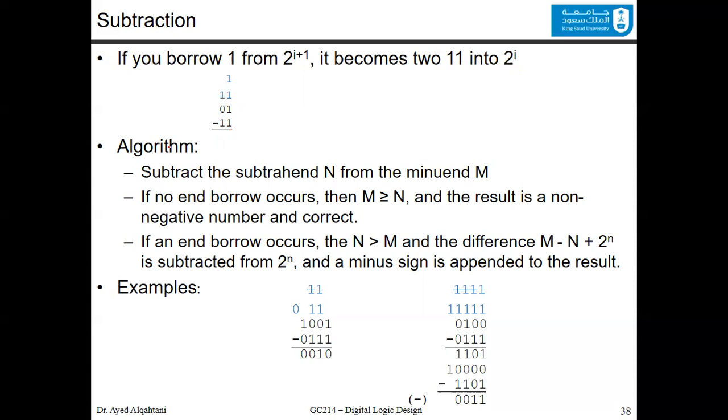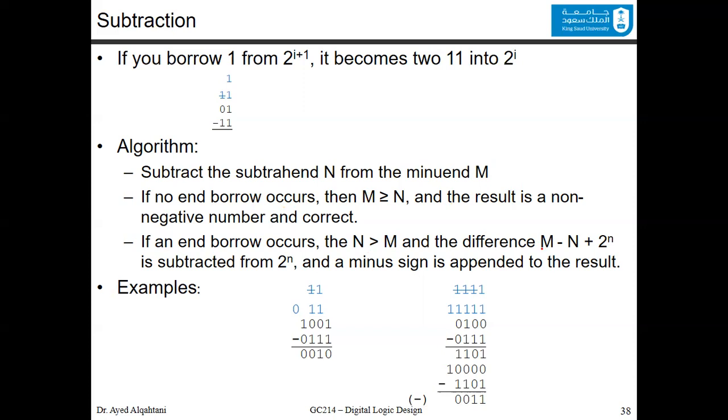Now, what's the algorithm? You subtract the subtrahend n from the minuend m. If no end borrow occurs, then m is larger than or equal to n, and the result is a non-negative number, and it's correct, and it doesn't need anything else. If an end borrow occurs, then n is larger than m, strictly larger than m.